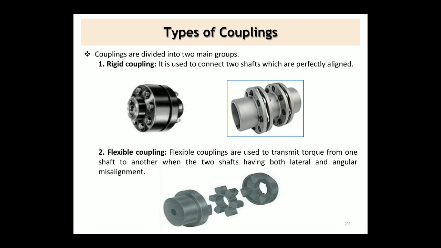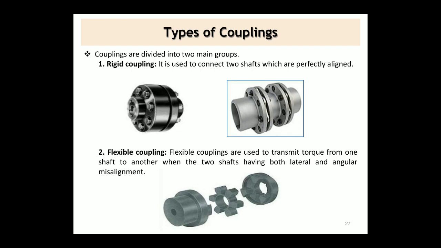The basic differences between them are: rigid couplings are not capable of tolerating any misalignment between the two shafts, while the flexible couplings can tolerate a small amount of lateral or angular misalignment between the two shafts.